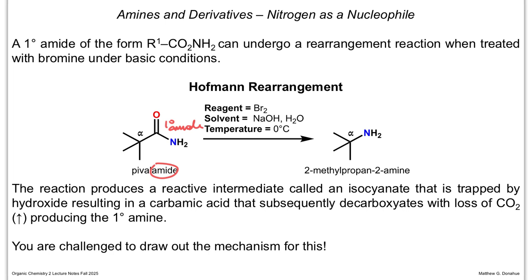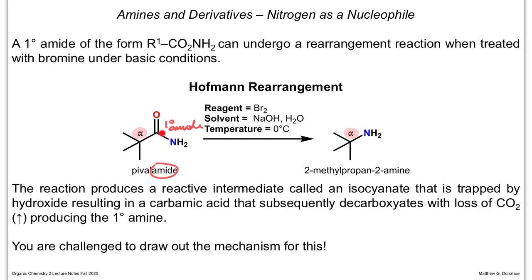So one thing I'll introduce now: we know what a carbonyl group is, and we're going to start talking more and more about this nomenclature. The carbon next to it is called the alpha carbon. And then if you keep going out, you just follow the Greek alphabet.